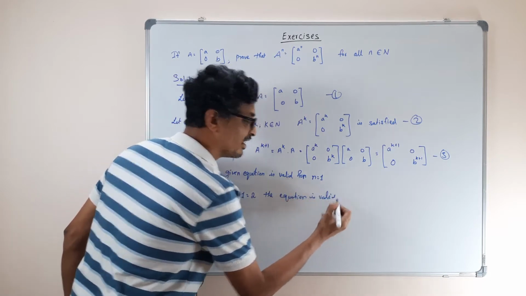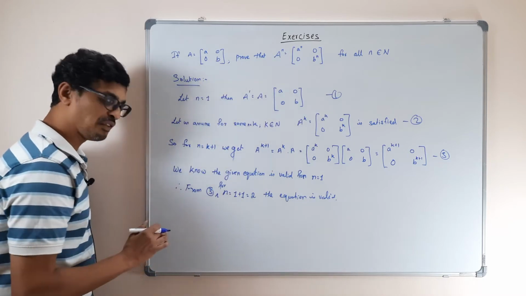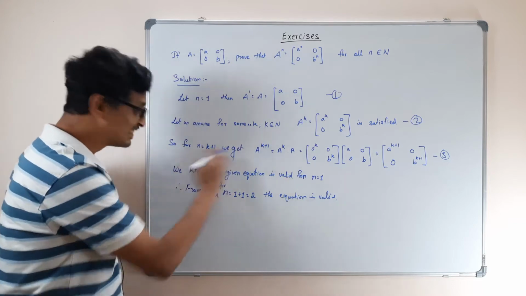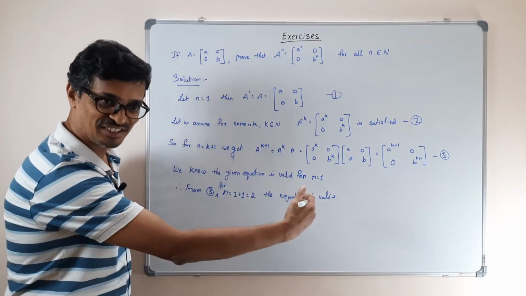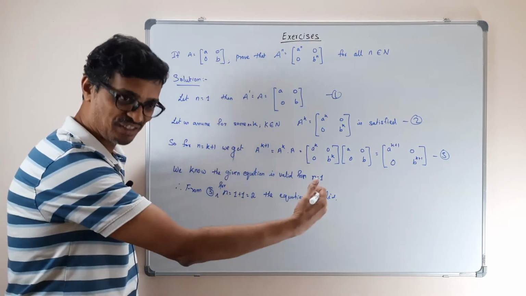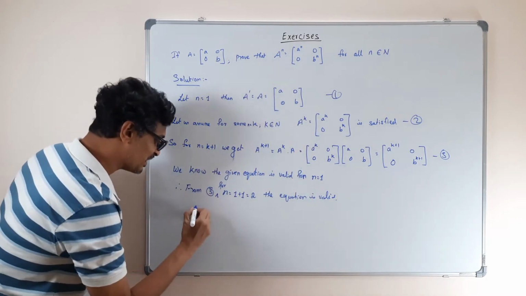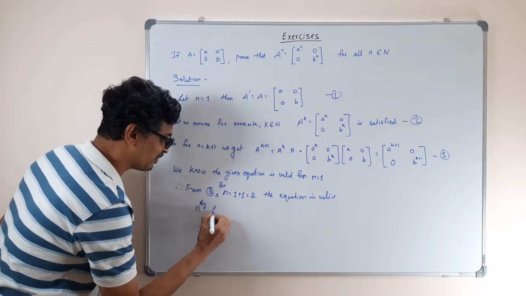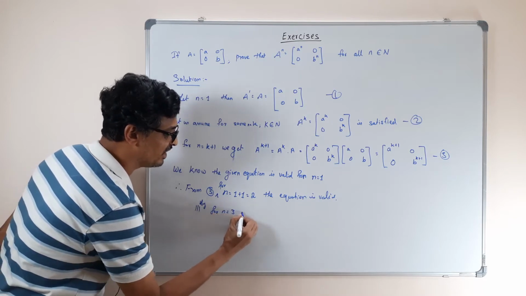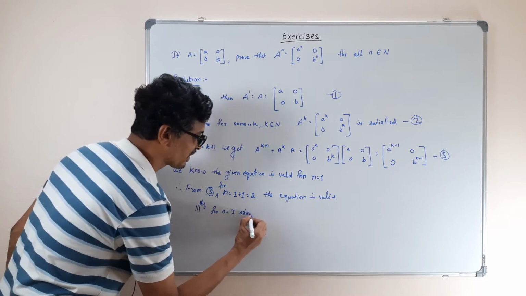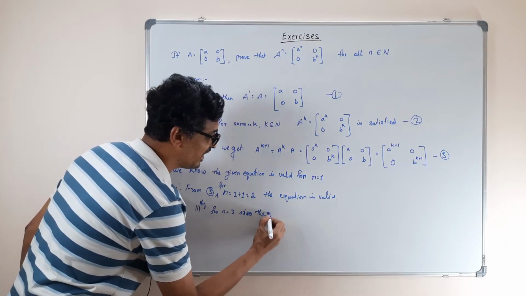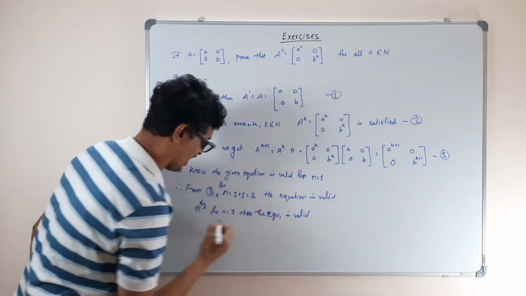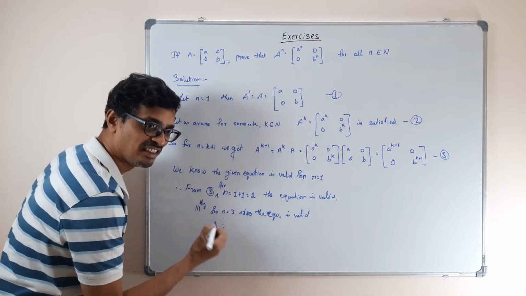So for n equal to 2 the equation is valid. Then again using 3, for n equal to 3 it's valid, then n equal to 4 also valid, correct? And so on. That's what you proved.